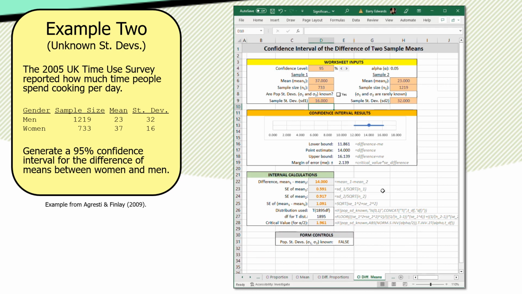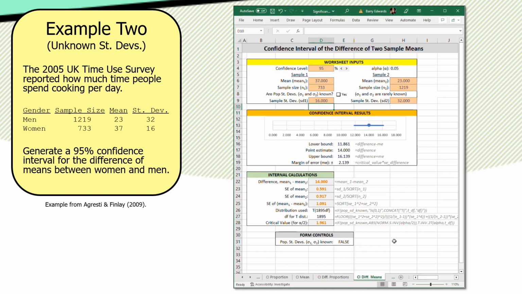Just so you're aware of what's happening here, when I unclick population standard deviations known, that was clicked yes in the example 1 problem, but this example 2 problem is relying on sample standard deviations as estimates of the standard deviations in the population.